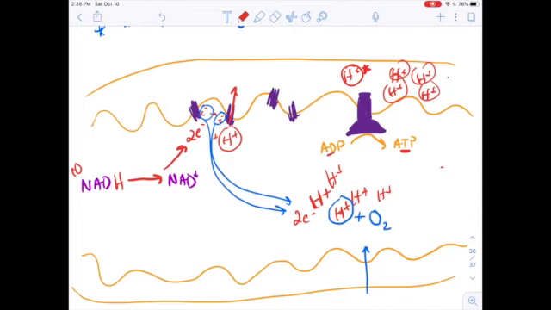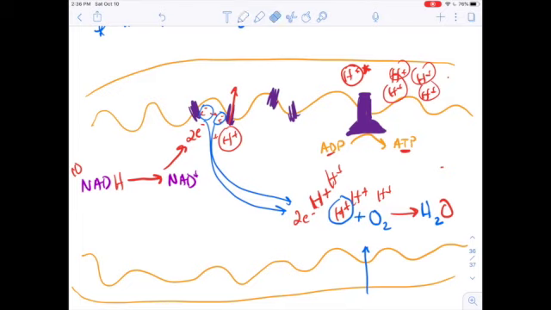Right? So the protons and electrons will get back together, bind to oxygen, and become, wait for it, H2O. And let's see, we got to balance this equation.